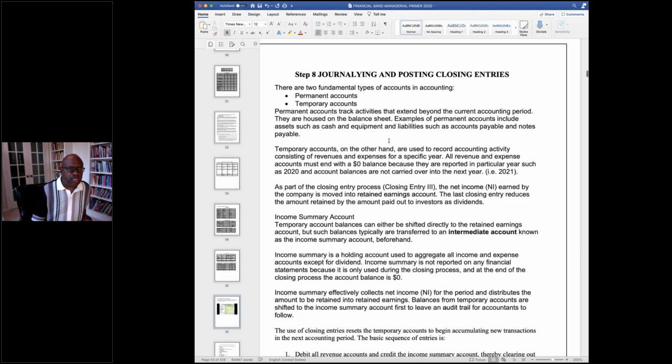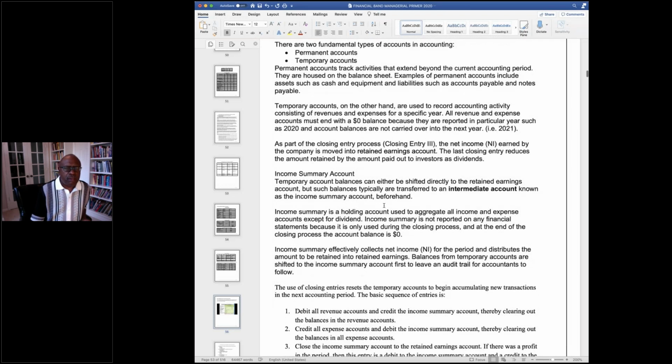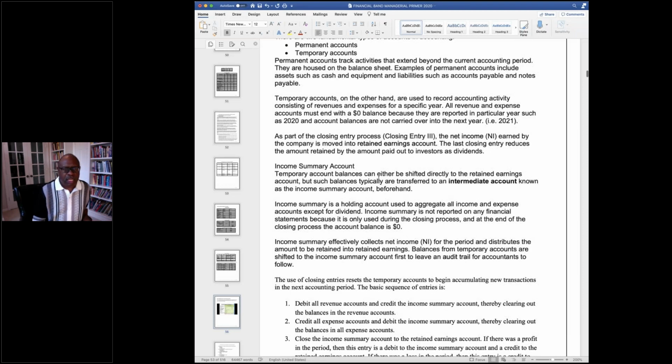We only want to see two things: revenues, hopefully net income, or net loss and dividends. And so we use an income summary account, and we'll look at this. It's sort of an intermediate account to close out the revenues and expenses, because we might have 1,000 and we don't want all of that into retained earnings.